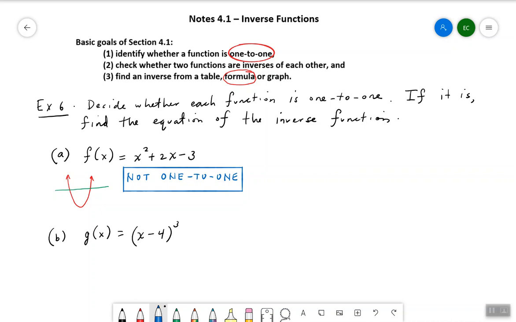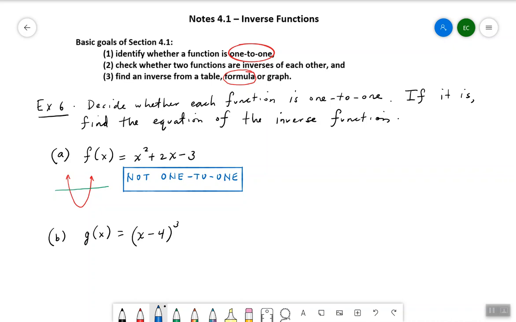We wanted to do it with y equals x squared because that's such a fundamental function, and because its inverse, y equals square root of x, is another fundamental or basic function. But in general now, we can just stop. In example 6a, we can say it's not one-to-one, and we can stop there.